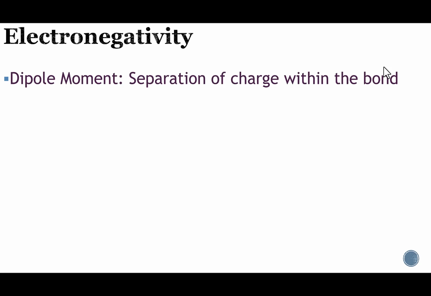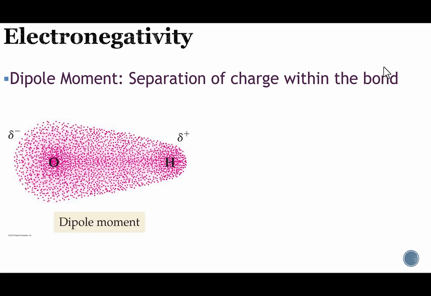So if an electron is attracted more so to one side of this bond, with that electron is going to go that negative charge. So here's where we see that separation of charge. When we have this separation of charge, when there is this attraction or hogging of the electrons, we call that a dipole moment, a separation of charge within a bond.